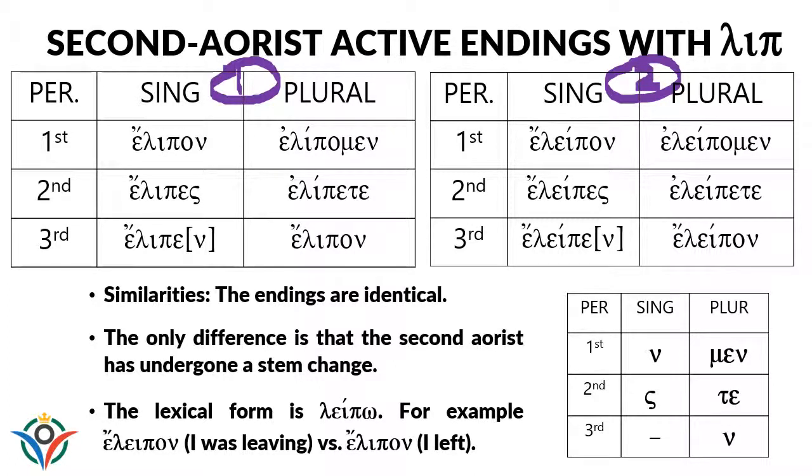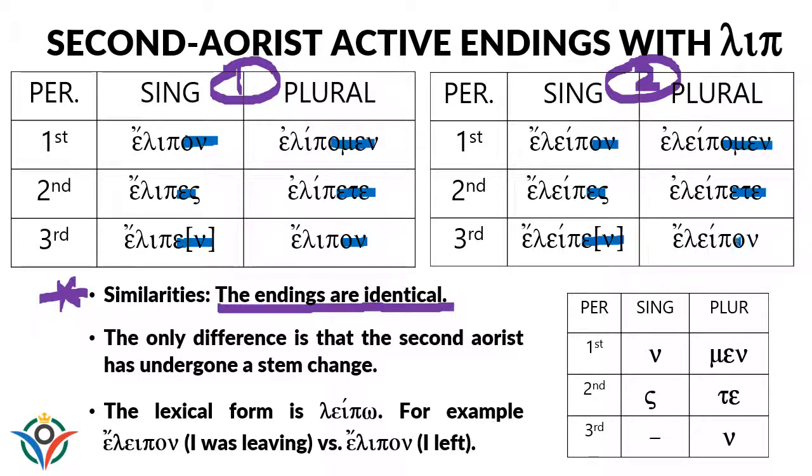If you look carefully, you can see that the endings are identical. Let me just highlight those for you. And as I highlight them, I want to ask you, why are they identical?